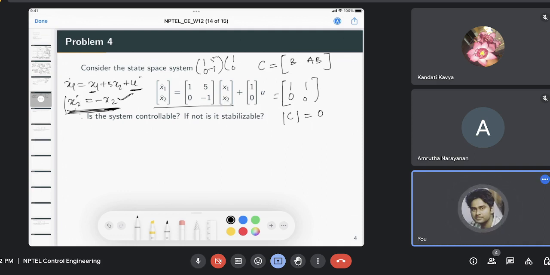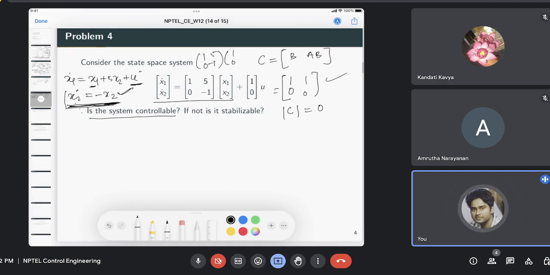So, fully state controllable. The first question is whether the system is controllable, which we can check either by the controllability matrix or by this form. You see that this is in a controllable-canonical-like form already. In the controllable canonical form we would have something like minus a1, minus a2, like this.